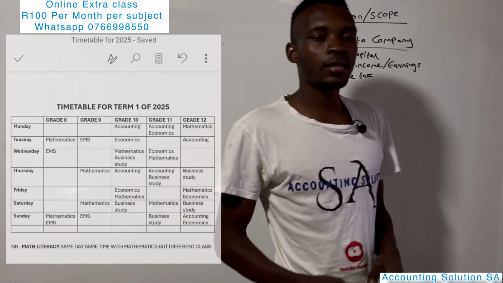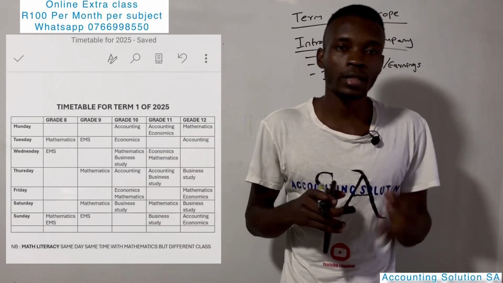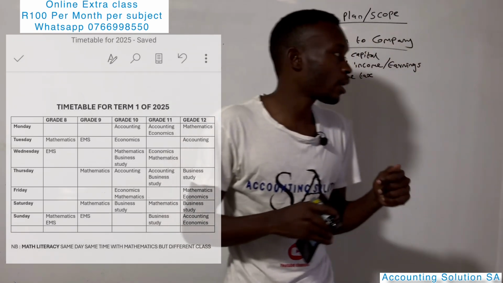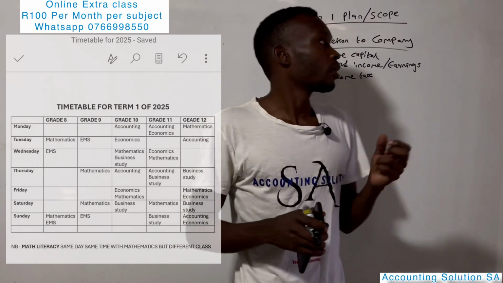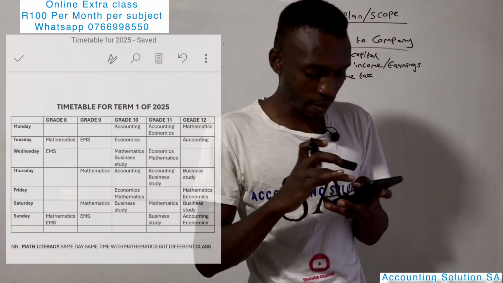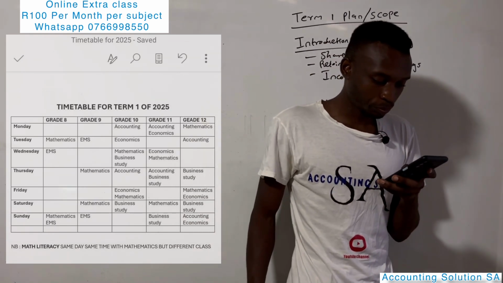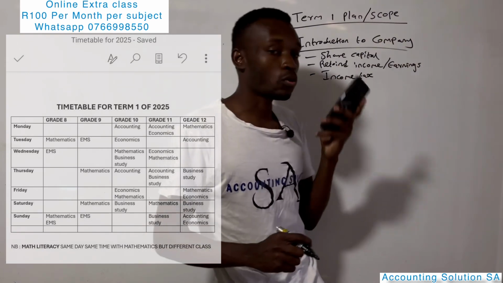Remember, in grade 11 you were doing a partnership, and in grade 10 a sole trader. Those two businesses were not paying tax. But when it comes to a company, you are going to face income tax. So that's the first item that you need to know under this introduction to a company.